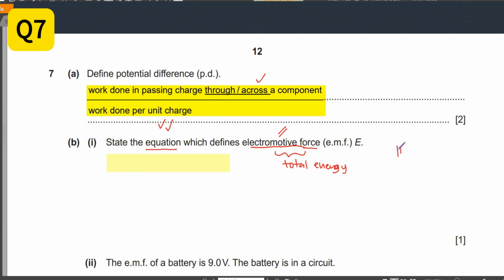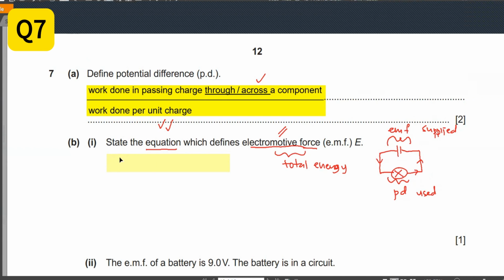If we have a simple circuit like this, this part, we will be talking about the EMF, is the energy supply. This part, we will be talking about the potential difference, the energy used. So this is energy supplied. This is energy used to push the electrons around the circuit. Okay?